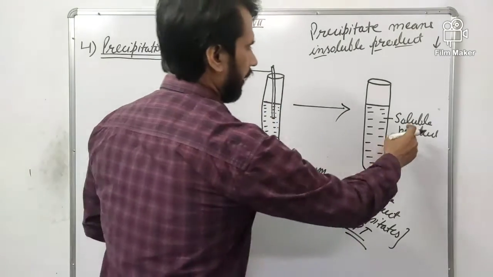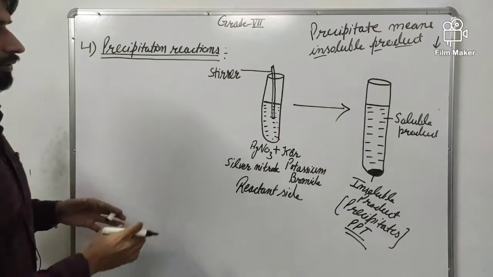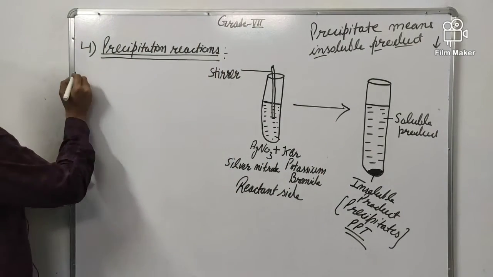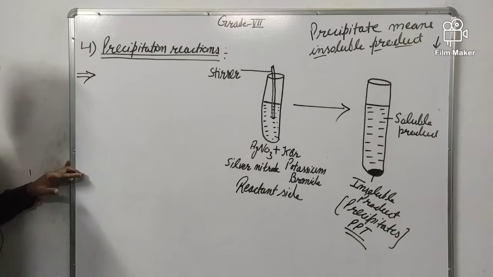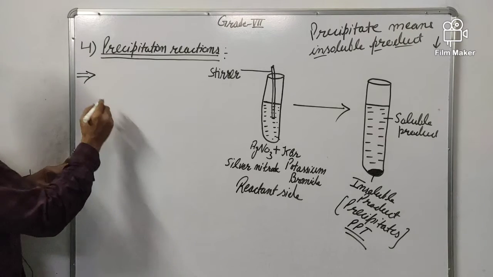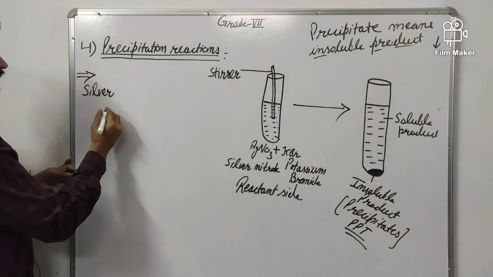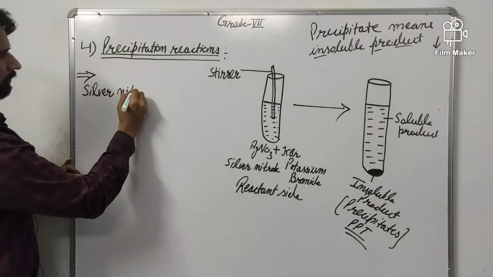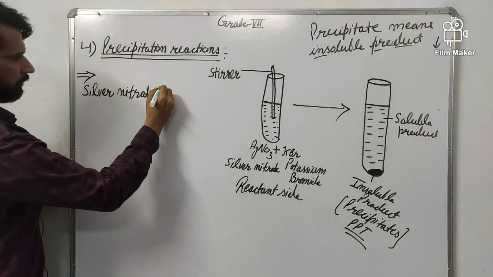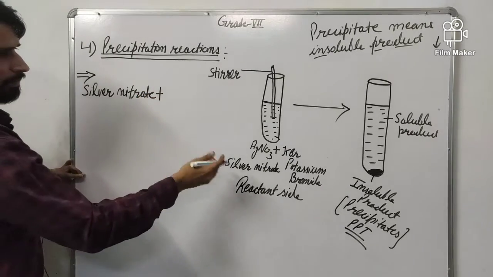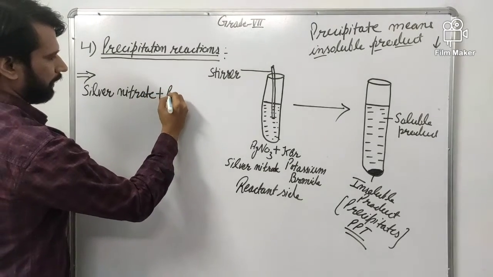Now if I try to write this whole procedure in the form of a chemical reaction, we have two reactants. First one is silver nitrate plus second one is potassium bromide.